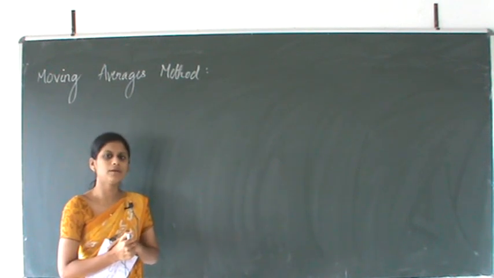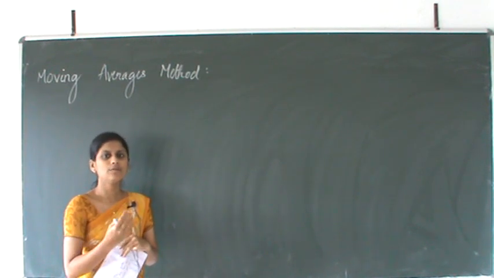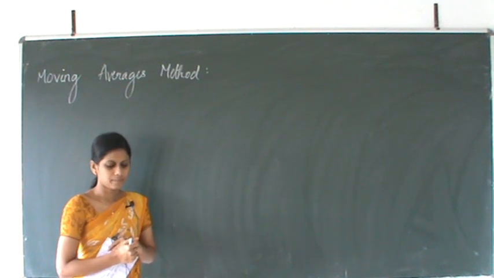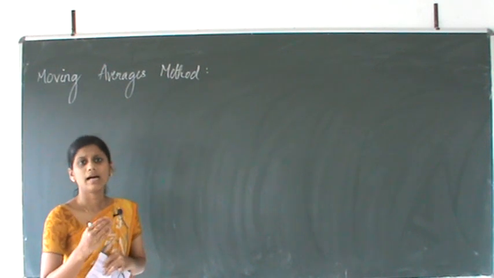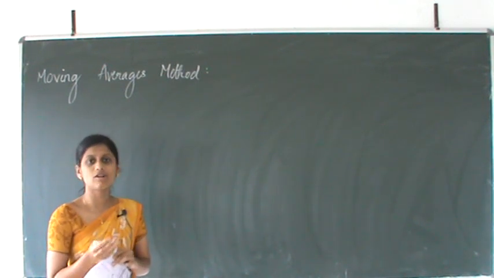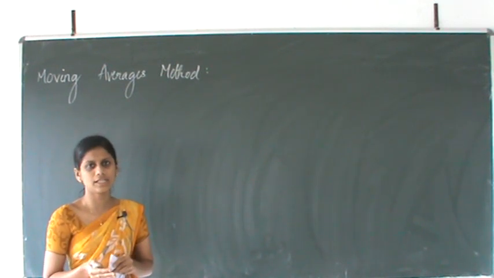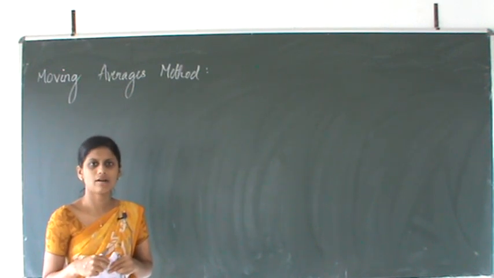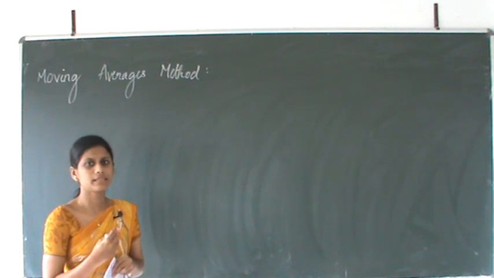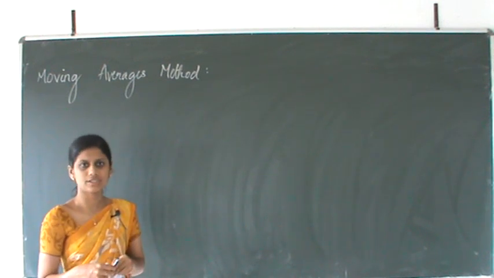While solving the problem, you will come to know how it affects. Then the second demerit is, as this method does not establish any mathematical relationship, we cannot use it for future forecasting. These are the 2 demerits of the moving averages method.